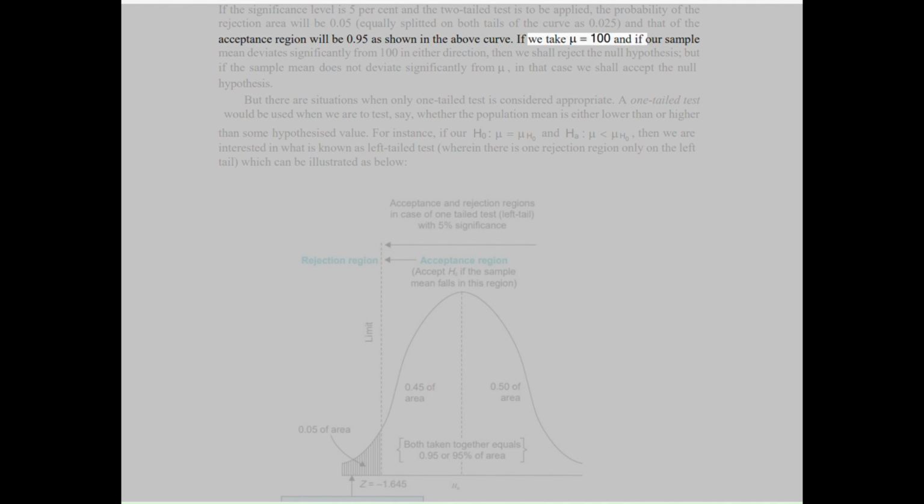If we take μ = 100 and if our sample mean deviates significantly from 100 in either direction, then we shall reject the null hypothesis, but if the sample mean does not deviate significantly from 100, in that case we shall accept the null hypothesis. But there are situations when only a one-tailed test is considered appropriate.